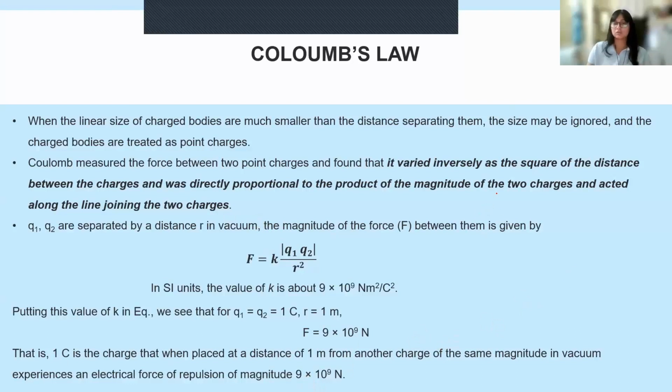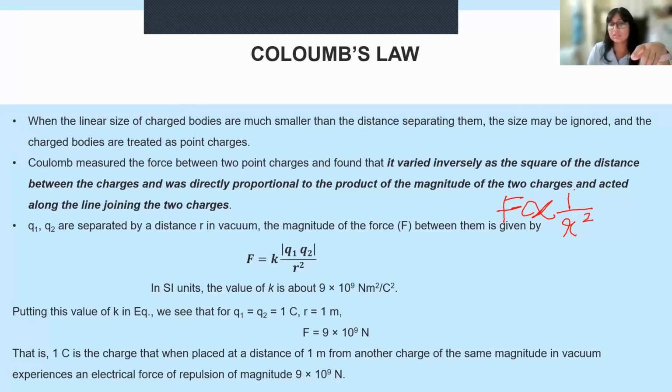So Coulomb said that the force acting is inversely proportional to the square of the distance. We are going to consider r as the distance between the two point charges.